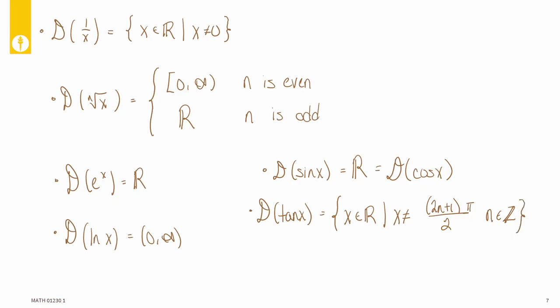Everything except odd multiples of pi over 2. Right, everywhere where cosine is 0, which is the same as secant. All right, so tangent and secant have the same domain.